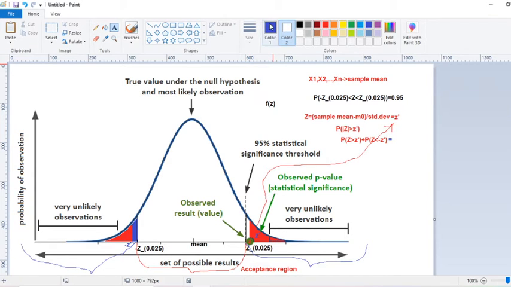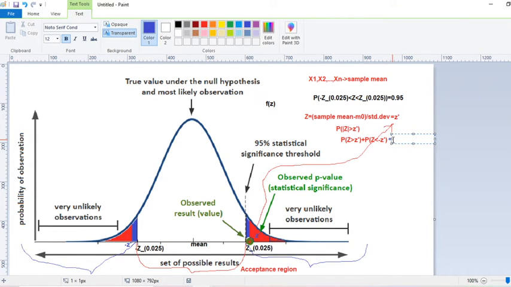but at the same time, what is the area under the curve corresponding to the red region? The maximum area is the area to the left of z 0.025, which is 0.025.